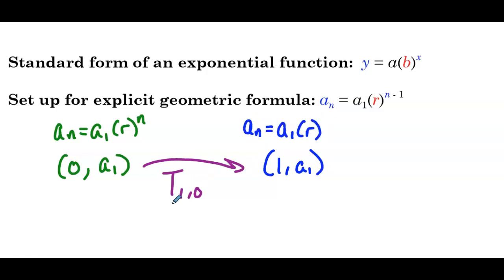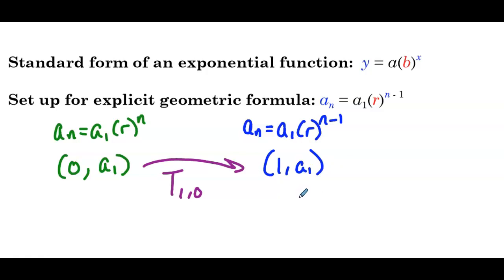If we're adding 1 to the n value, then in the equation we do the opposite, so we subtract 1 from the n value. n is up in the exponent, so we have n minus 1 as the exponent in our geometric formula. So that's the reason why it becomes n minus 1, so that we get the point 1 comma a sub 1, which should represent the first term of the sequence.